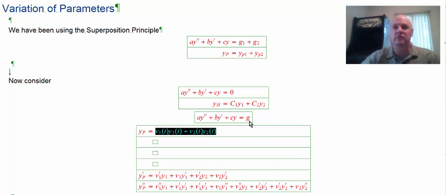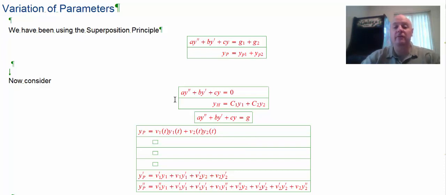We add it to the homogeneous solution, that gives us a general solution, and we're done. So our job is just to find v1 and v2. There's two things to find, two unknowns, so basically I need two equations. I'm looking for two equations that will define the v1 and the v2.